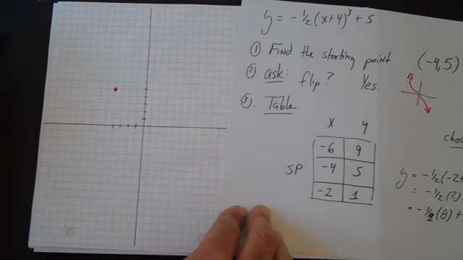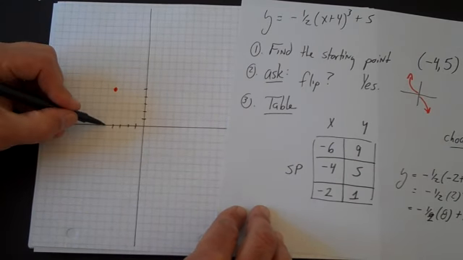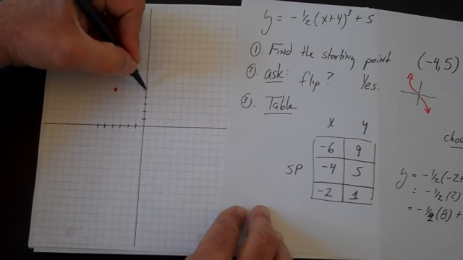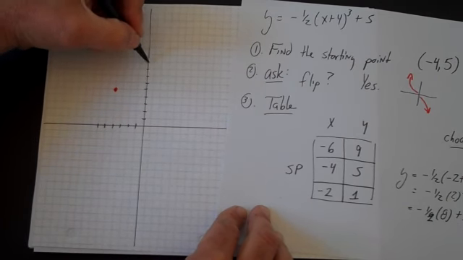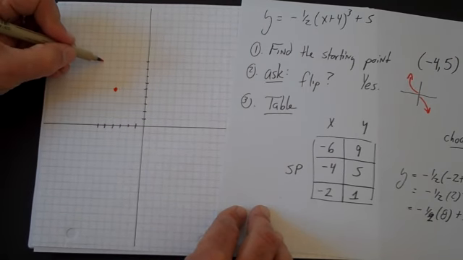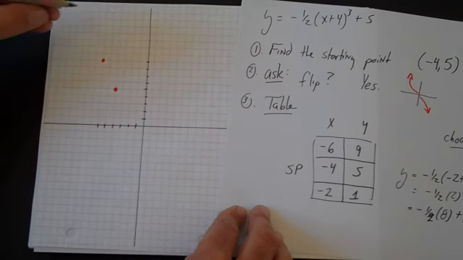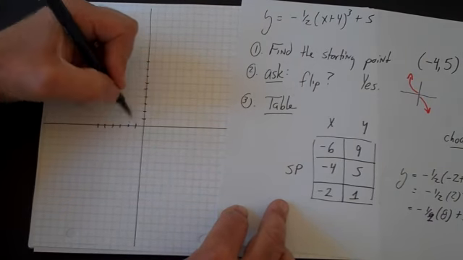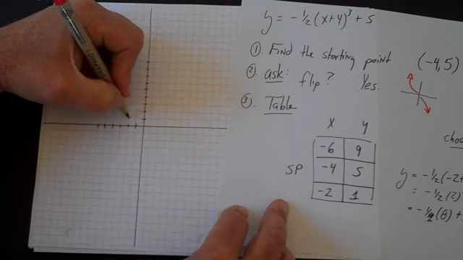I'm going to plug in minus 6, 9: 1, 2, 3, 4, 5, 6, 7, 8, 9. Be real careful here. That's minus 6 and a positive 9, and it's going to be there. And then minus 2 and 1 is easy. That's just going to be right there.